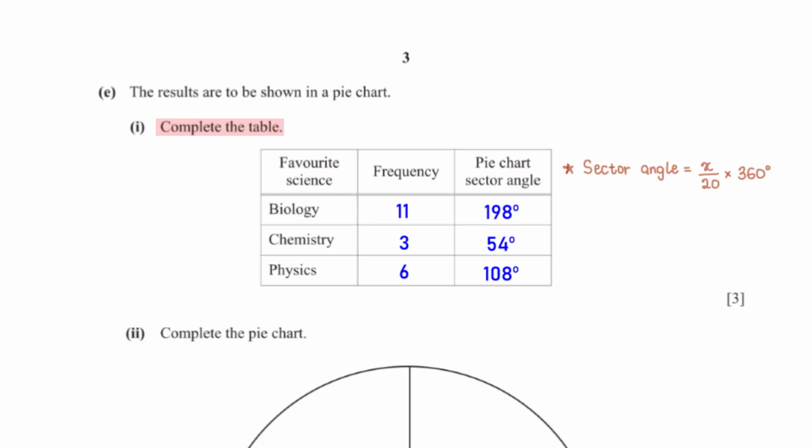The number of students who chose chemistry is 3. So the sector angle would be 3 over 20 times 360 degrees, which is equal to 54 degrees. The number of students who chose physics is 6. So the sector angle would be 6 over 20 times 360 degrees, which is equal to 108 degrees.